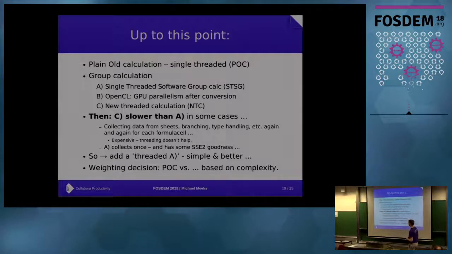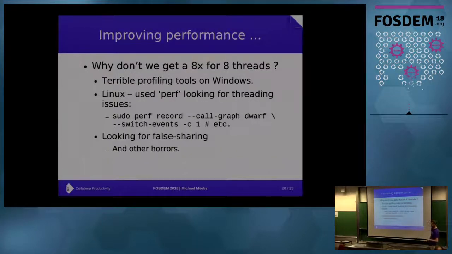And the software group interpreter collects it once, and then it's hyper-optimized SSE goodness, really whipping through that. So we then threaded that version as well. So instead of having a single-threaded software group interpreter, we threaded that as well. And then suddenly life was good again. I've got a picture of some of that in a minute and how the stats looked.